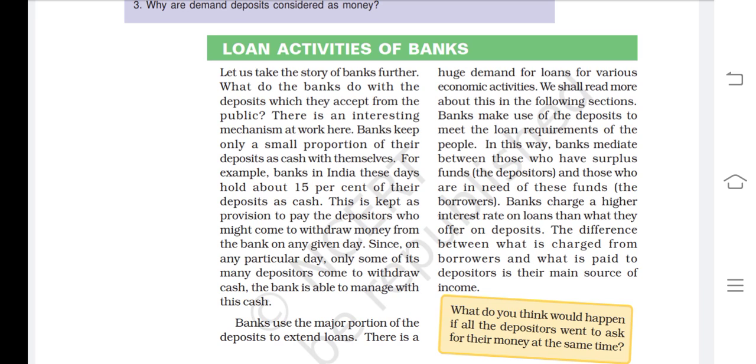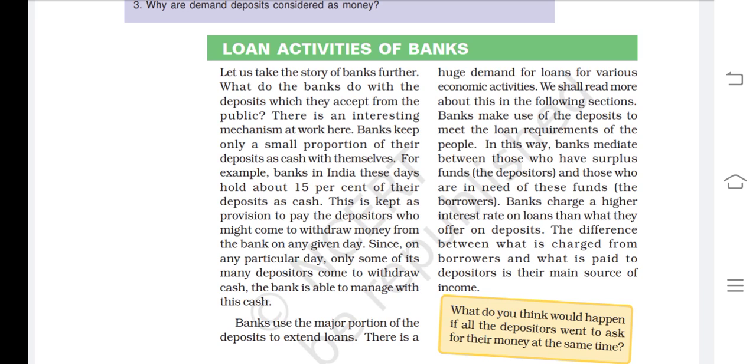Banks charge a higher interest rate on loans than what they offer on deposits. When you deposit your money in the bank, a rate of interest is paid on it, and when you withdraw your money, you get that much interest with it. But for loans, a higher rate of interest is charged.